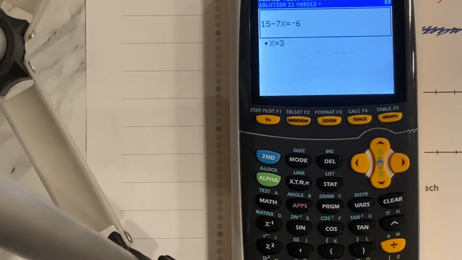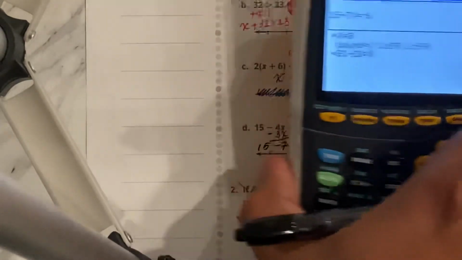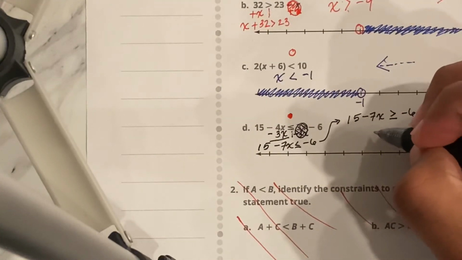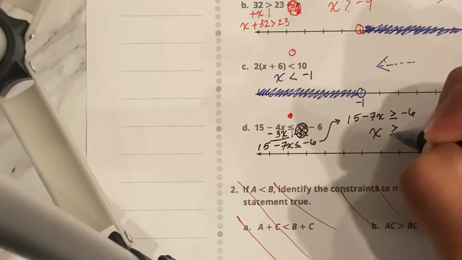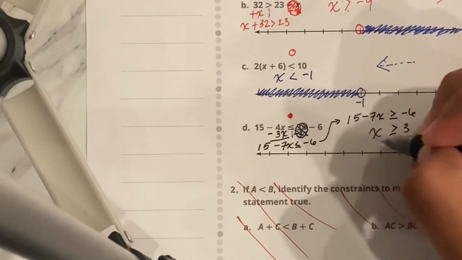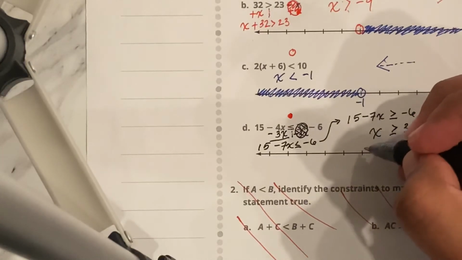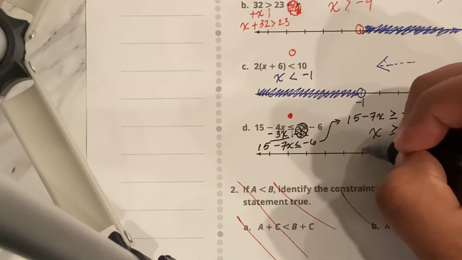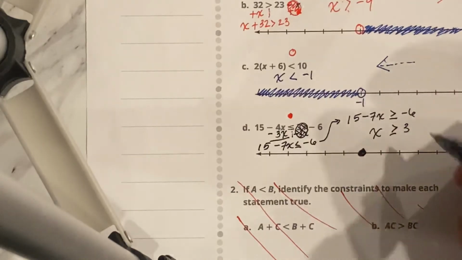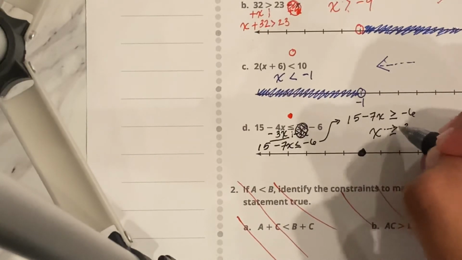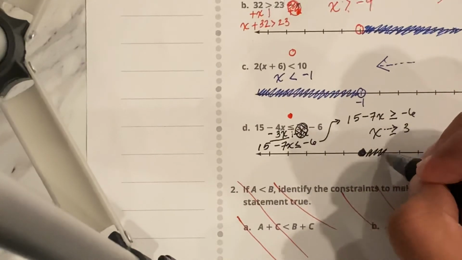Alpha, enter. Answer is 3. x is greater than or equal to 3. Plot 3 right in the middle. This is a closed circle. We can see the arrow is going to the right. I just color it all the right.